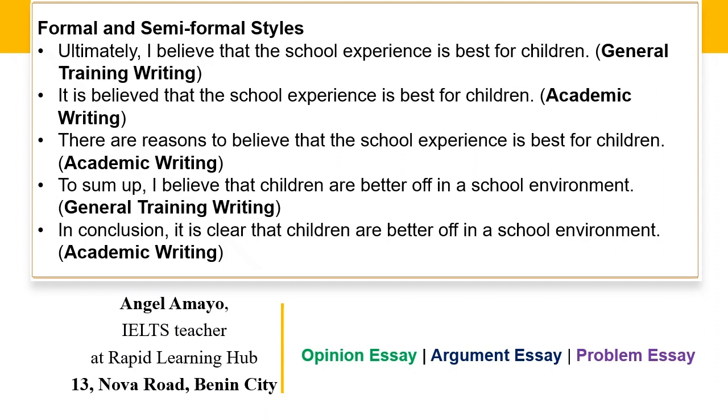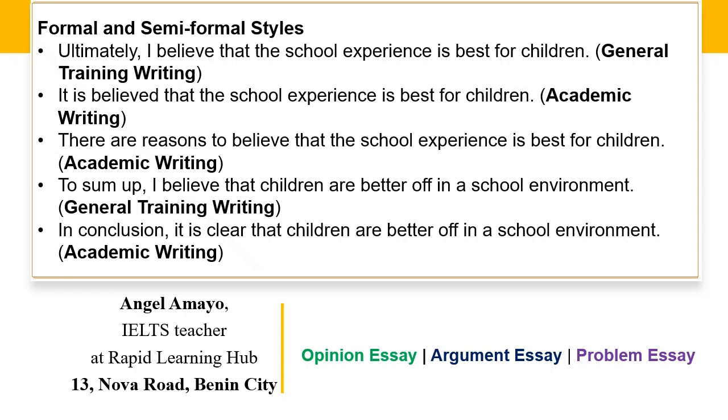In academic writing, however, you would write, it is believed that the school is best for children. So in this way, you have avoided using I, because it is now in the passive, and it will be assumed that this is your opinion, whether you put I there or not.